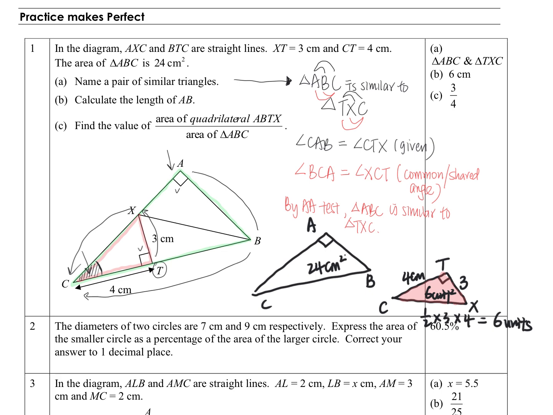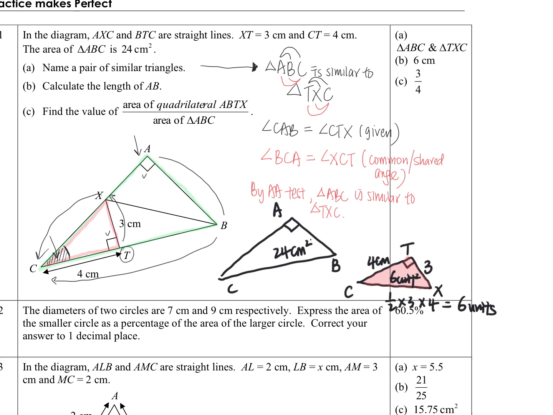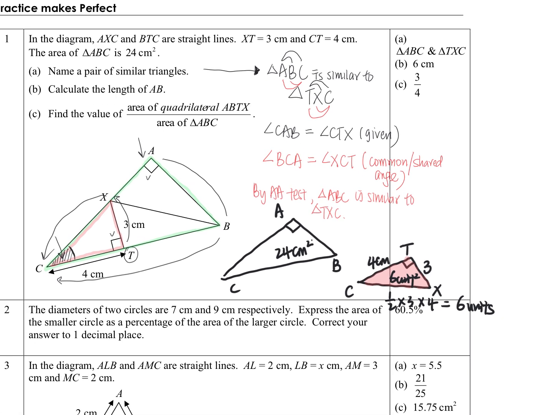Okay, but we know the ratio, right? We know that the ratio between the area must be equal to the ratio of one of the sides, square. So I write that down. Let this be x. So I write down x over 3. If I square it, it should be equal to the ratio of my area.